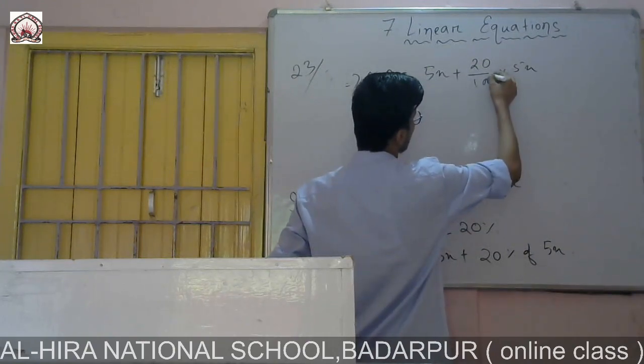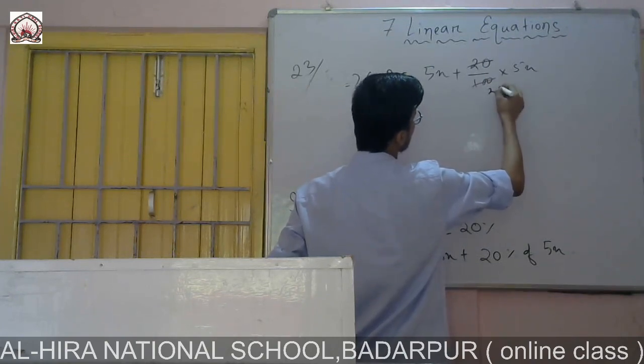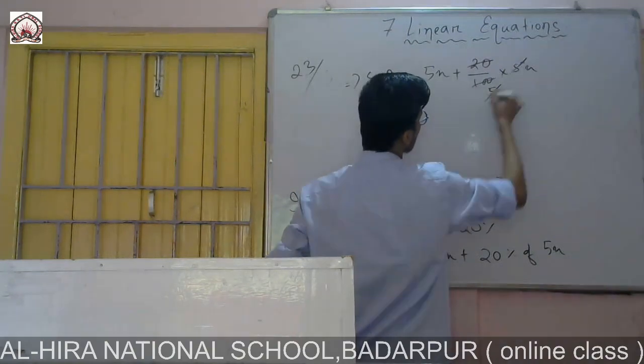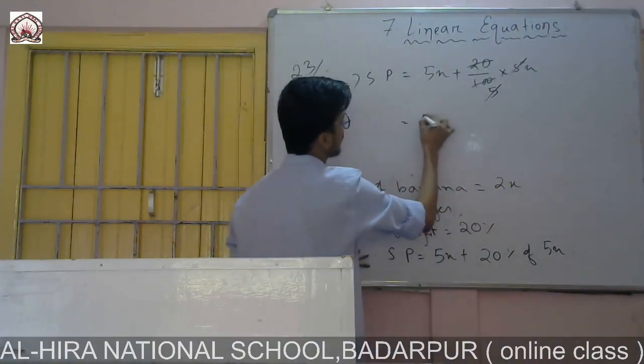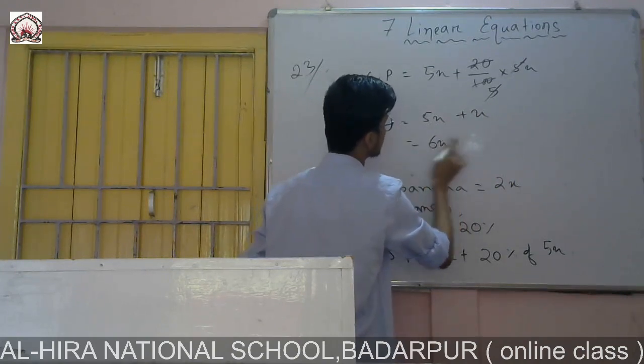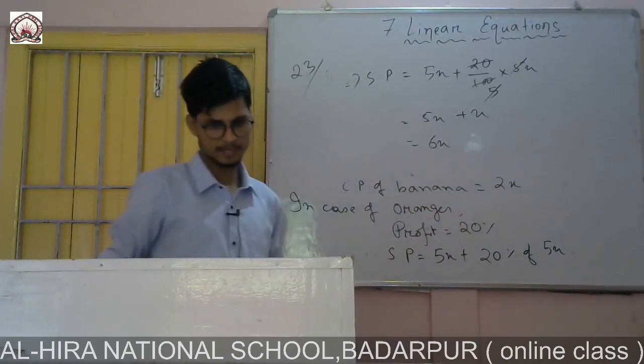So if I cancel, 25 fives are 100 and this 5 I can cancel. That means 5x on that side and x left, which equals 6x. This is the selling price, 6x.